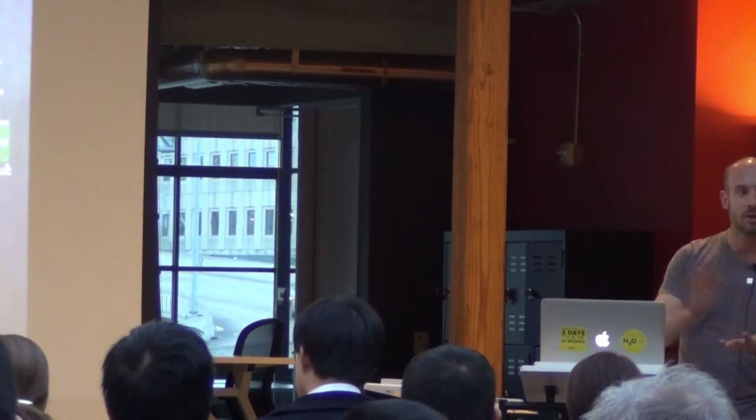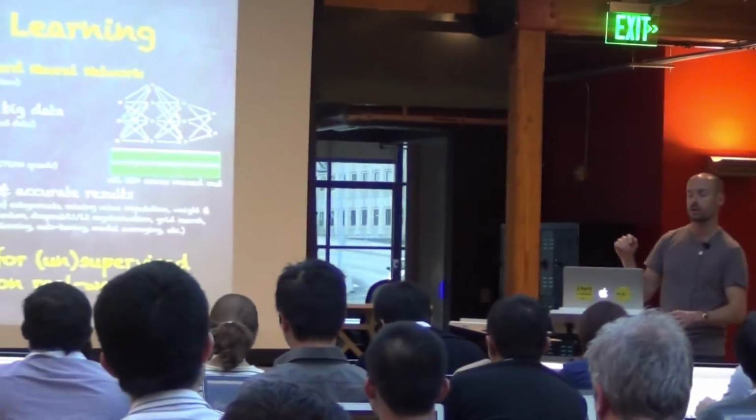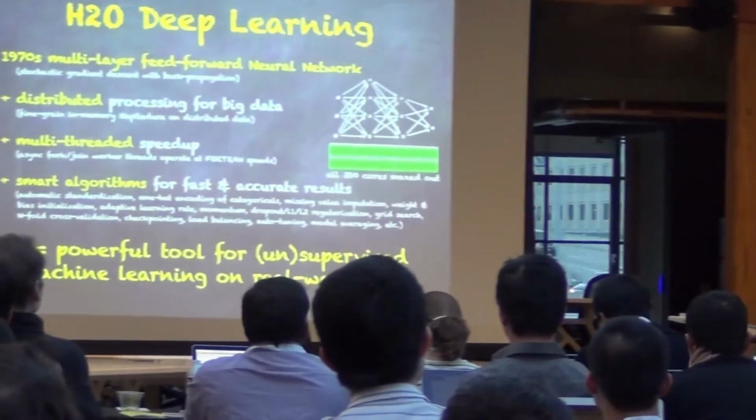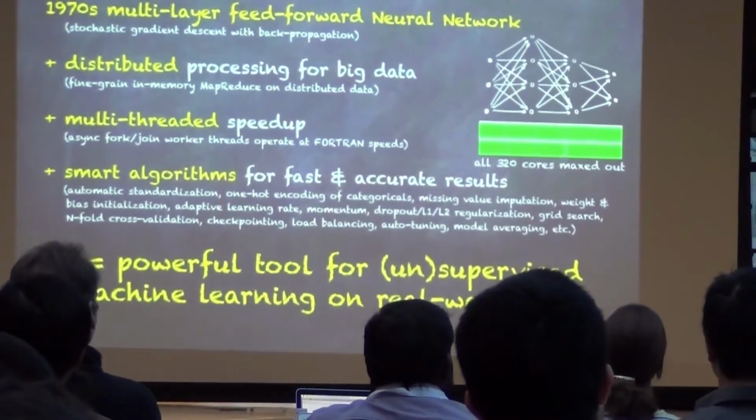So the outline for today is pretty simple. I'll tell you what H2O is. We expanded. Everything is automatically standardized. Missing values are handled automatically. There's regularization options that you can specify. So basically, the idea is that it just works for you. You just press a button, and out comes something smart. And you have the option, of course, to tune these hyperparameters. We have about 50 hyperparameters in deep learning. That's why I think it's a booklet, right?